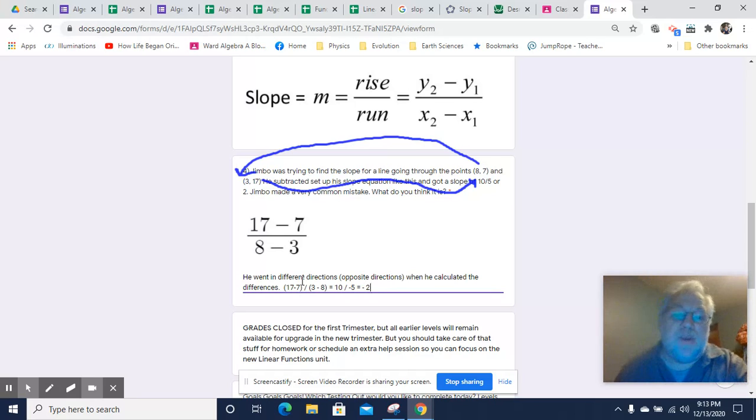By the way, if he had ended up with -1/2, that would have meant he did change in x over change in y, which is another common mistake. If he did +1/2, he did change in x over change in y, but he went in opposite directions. All of those are possible ways to mess it up.